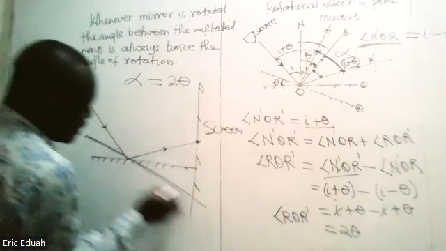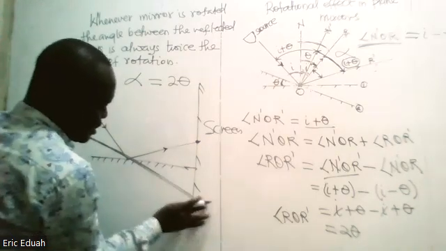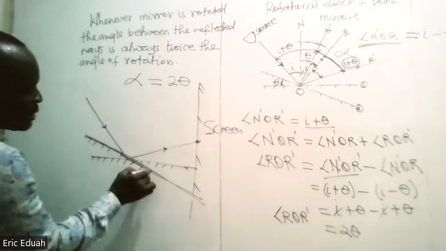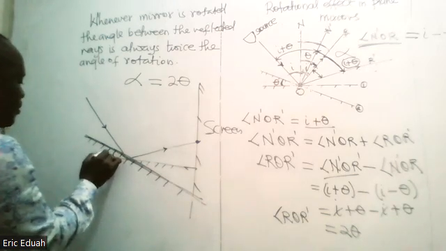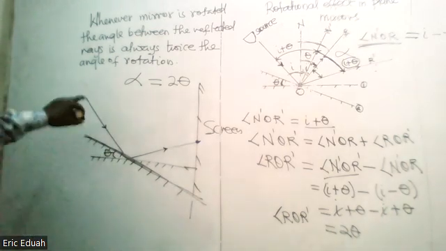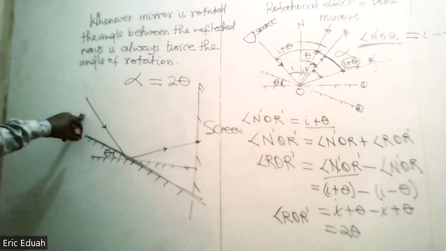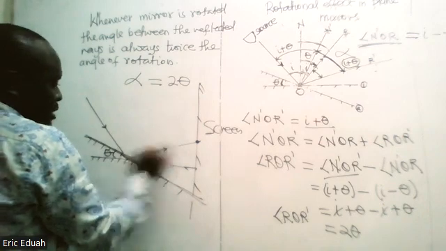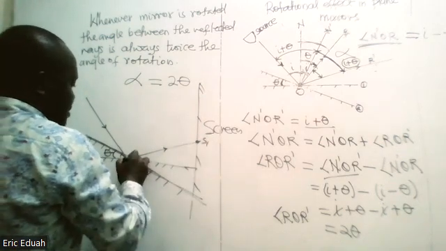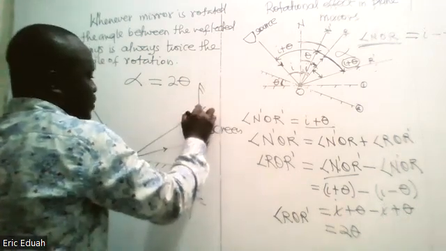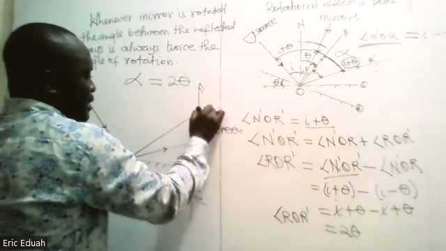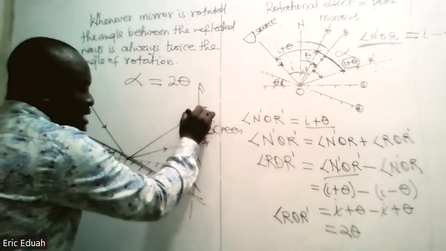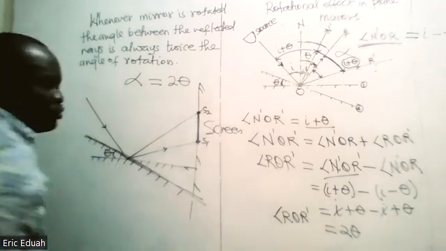The mirror is rotated through an angle theta. When you rotate it, you are not changing the position of the source, but its reflection will be different. So the reflection of this, maybe there's the first spot, and the second spot on the screen. So S1, S2. You are asked to determine the distance between the two spots, S1 and S2.